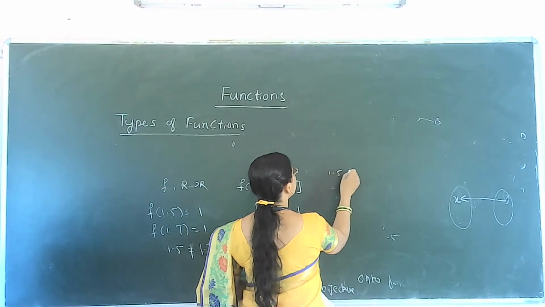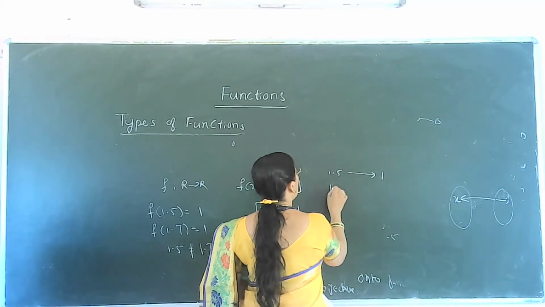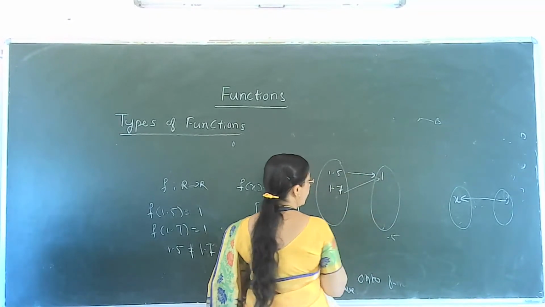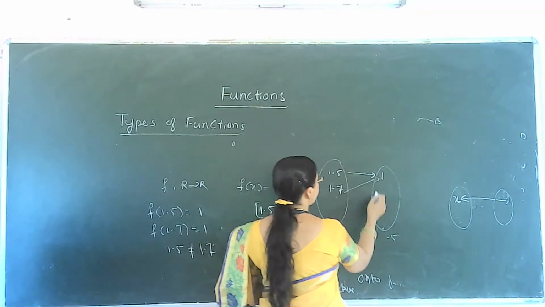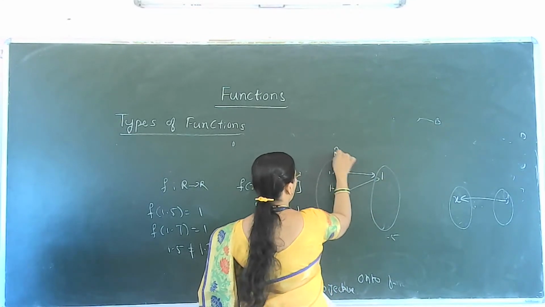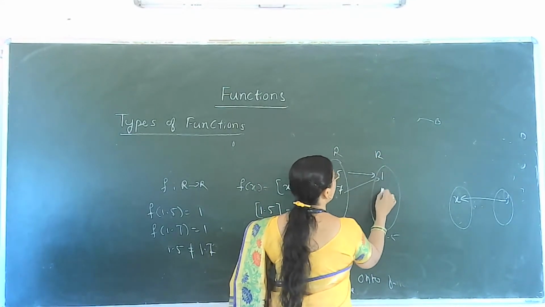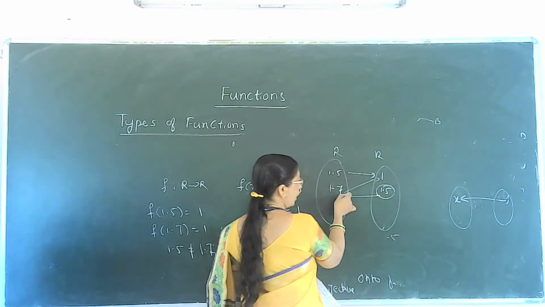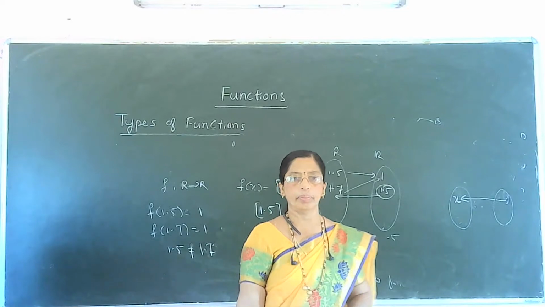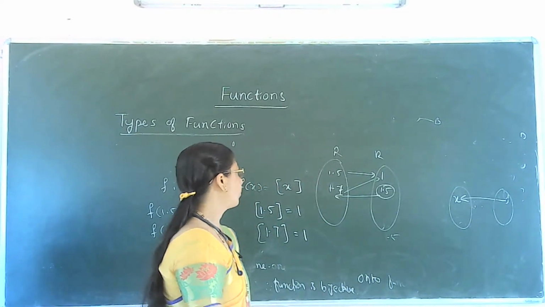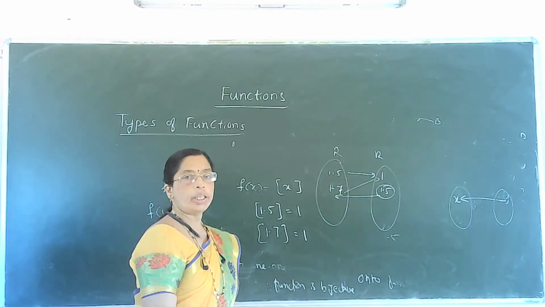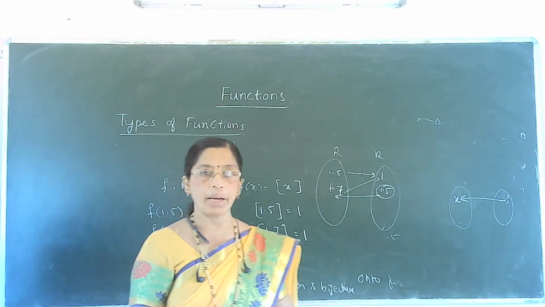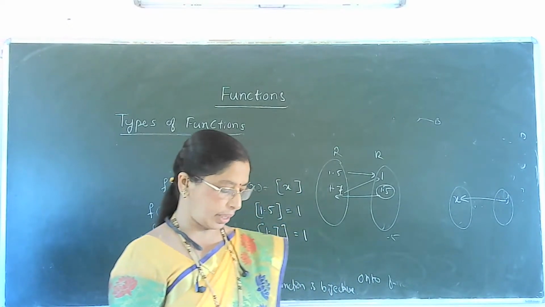Here 1.5 and 1.7 both have the image 1. It is from R to R. But 1.5 does not have a pre-image in the domain. Therefore, it is not an onto function. Neither one-one nor onto function.